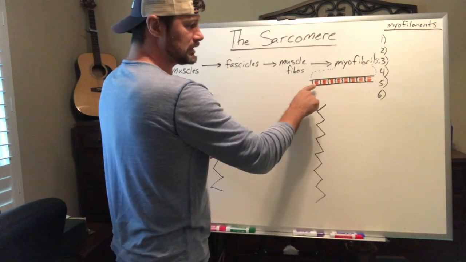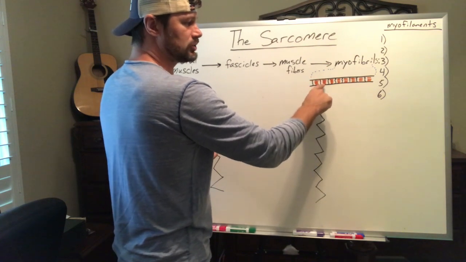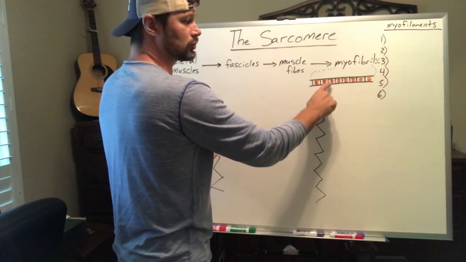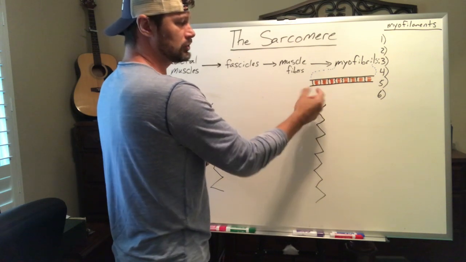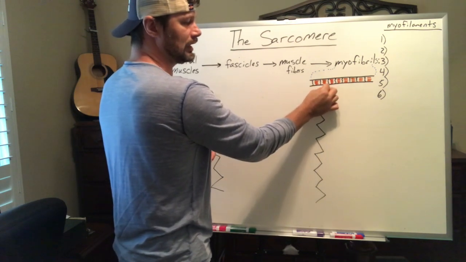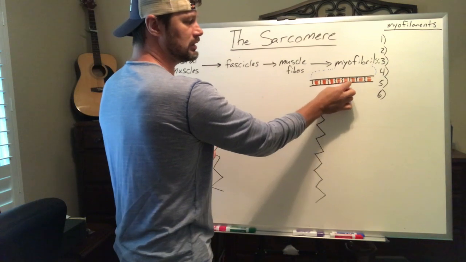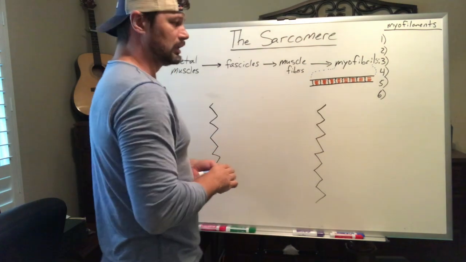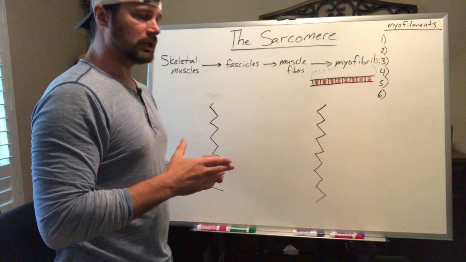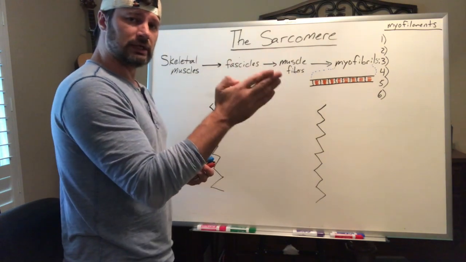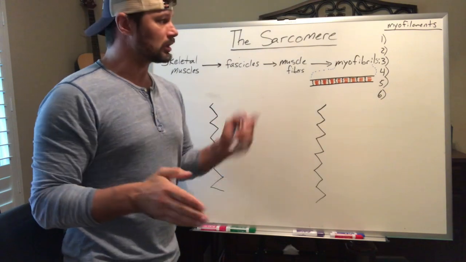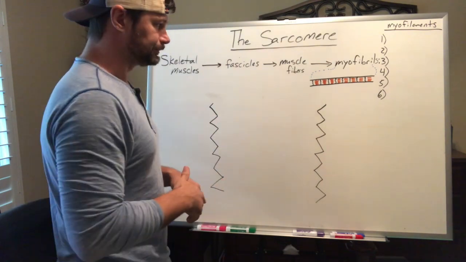In between the Z discs, you have a dark band, and surrounding the Z disc, you have a light band. So this is what we're going to call light, dark, light, dark. If you look at muscle under a microscope, it's one of the most organized structures in nature. Light, dark, light, dark, all the way down this myofibril.